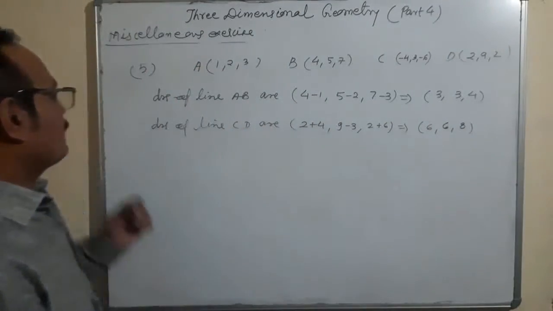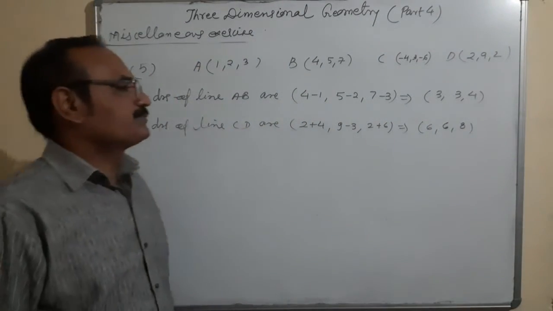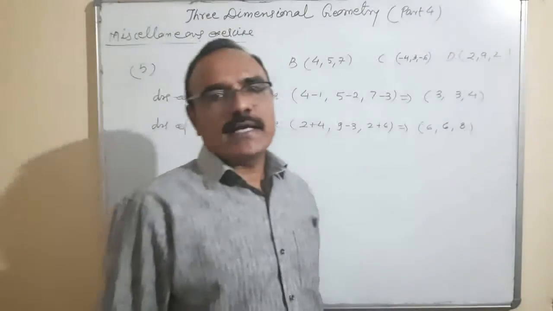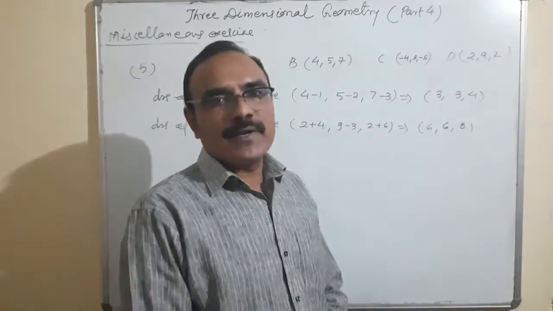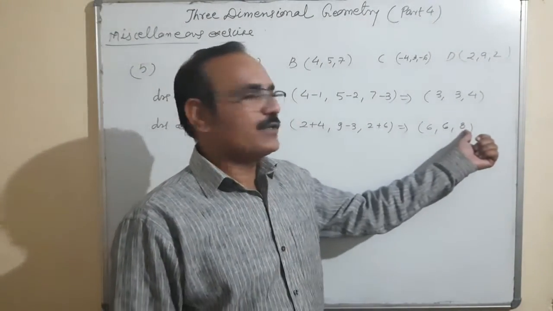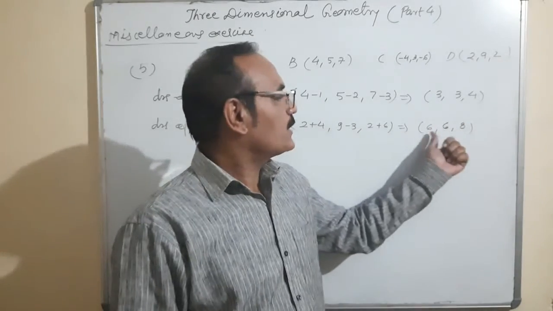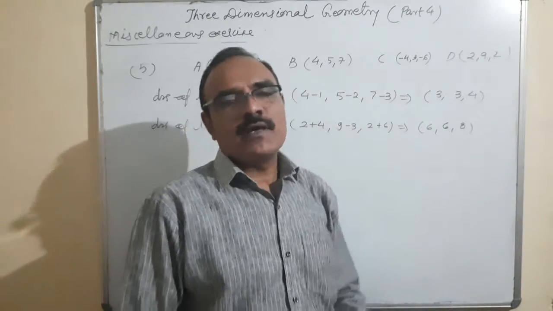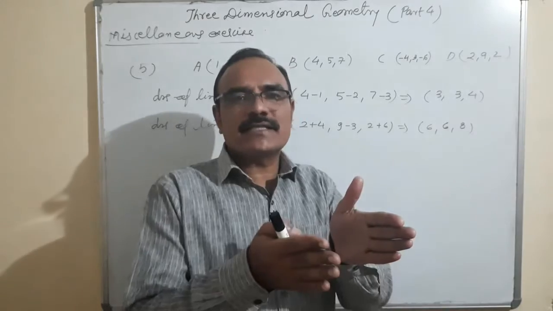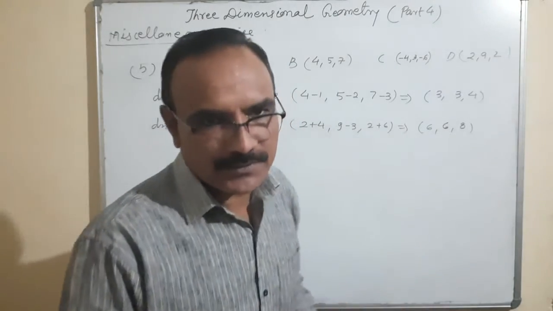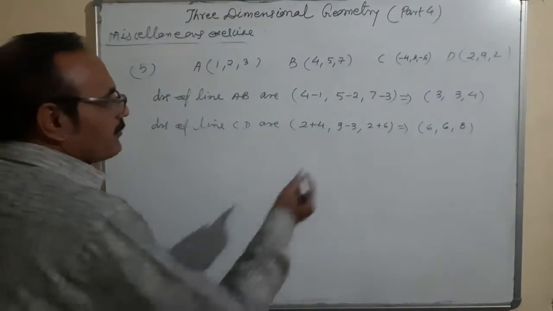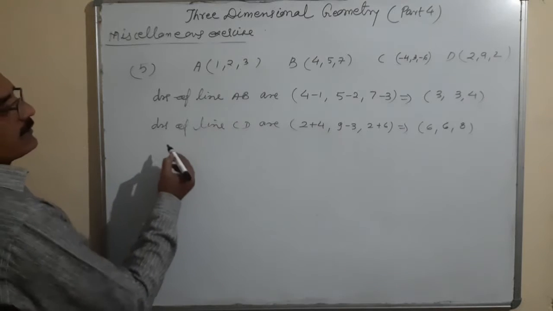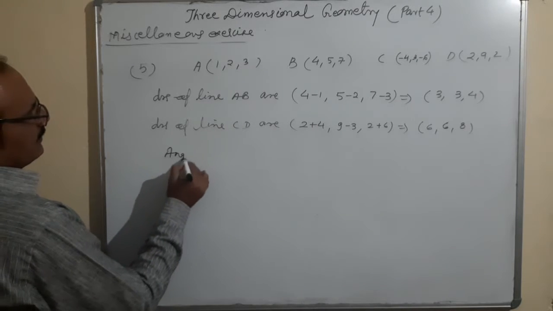We are going to find the angle between them. Looking at the direction ratios, you can understand what the angle between them is. See, 6, 6, 8. When you make it simpler, it becomes 3, 3, 4. It is also 3, 3, 4. And when the direction ratios of two lines are the same, that means the angle between them is 0. So simple. Now we are finding the angle.